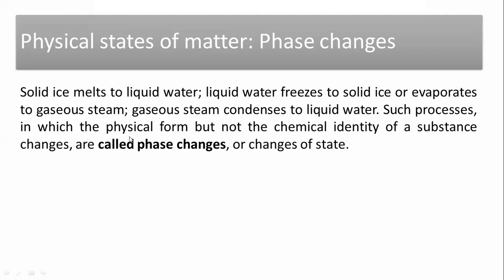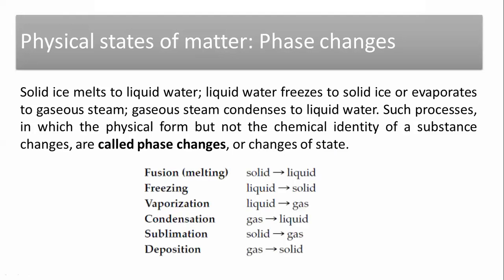Such processes, which transform from one form to the other form, are called phase changes. You can also call them changes of the state of matter, which are the solid, liquid, and gases.